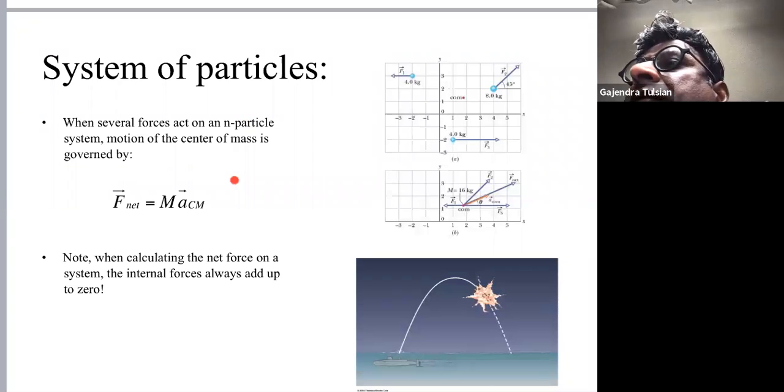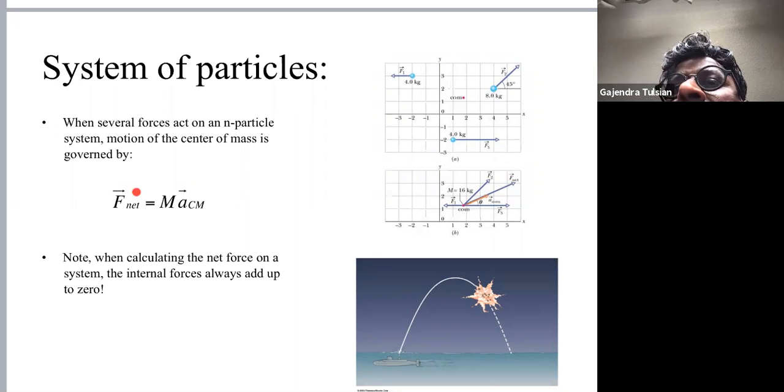Okay, so here's a system of particles. So 3 particles in this case, and there's F1 acting on this guy, F2 acting, 3 forces acting on them. You can add the 3 forces, 1, 2, 3, and there's the net force.